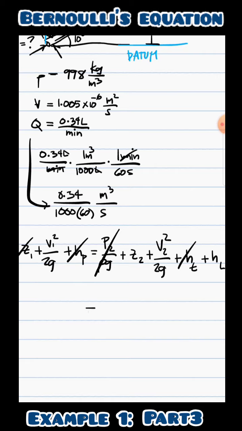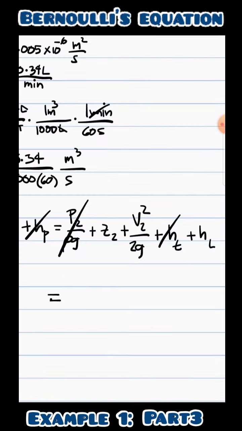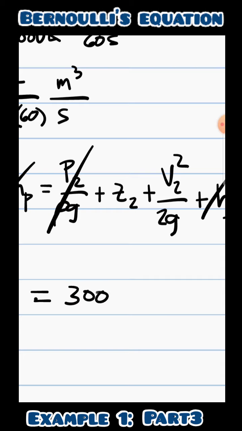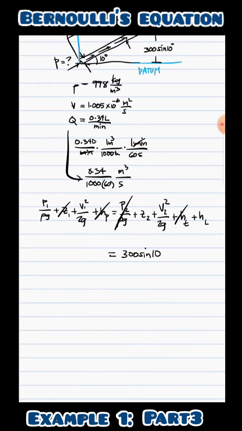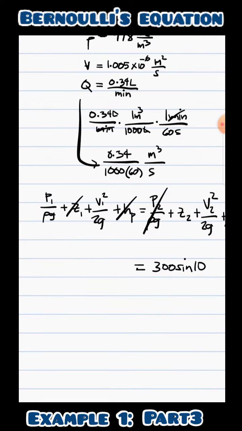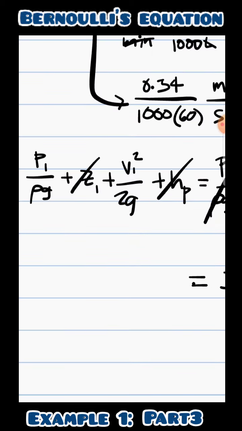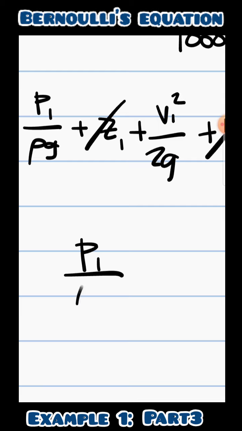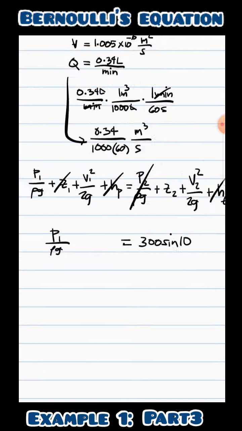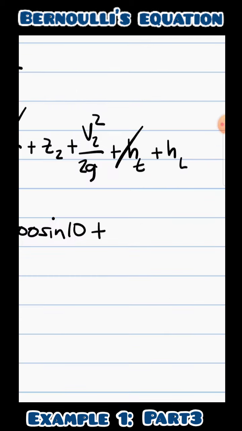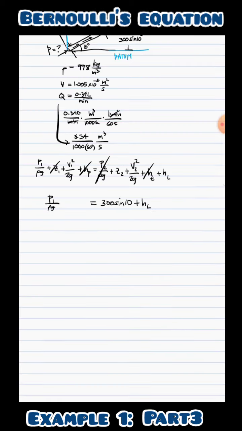Our elevation at this point is equal to 300 sine of 10. And what else? Of course, we're looking for this one, so we're not going to cancel that. We're just going to write it down, rho g. And then, of course, the head loss, because we're going to consider that since we're given the viscosity.